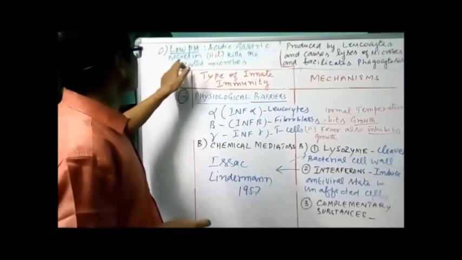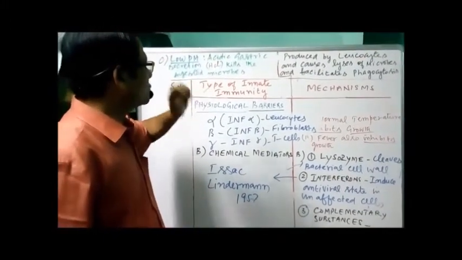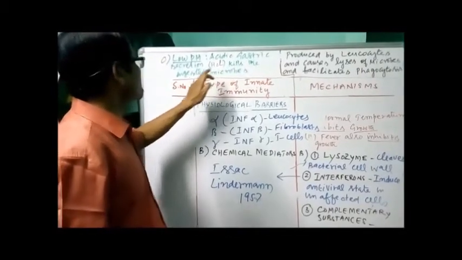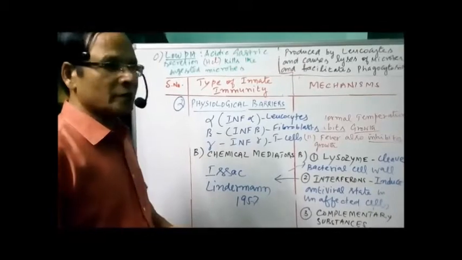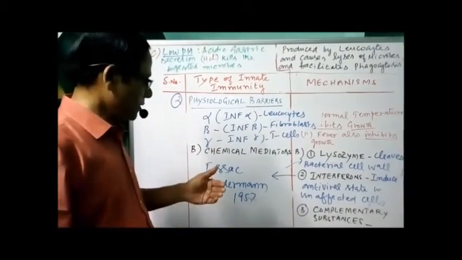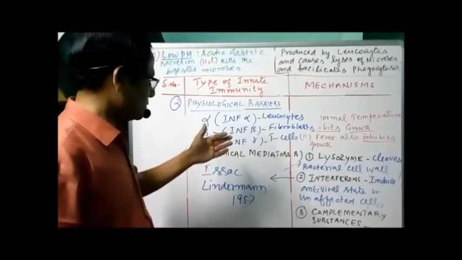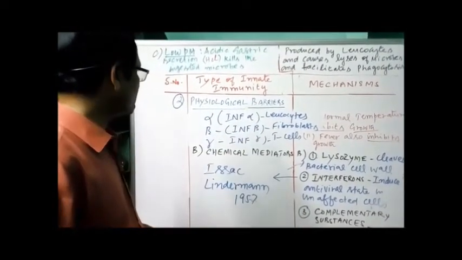So acidic gastric secretion, particularly the hydrochloric acid present in that one, a strong pH, kills the ingested microbes. So these 3 are coming under the chemical mediators. The chemical mediators won't be the 4 I mentioned, just actually 3, that is lysozyme, interferons and complementary substance.